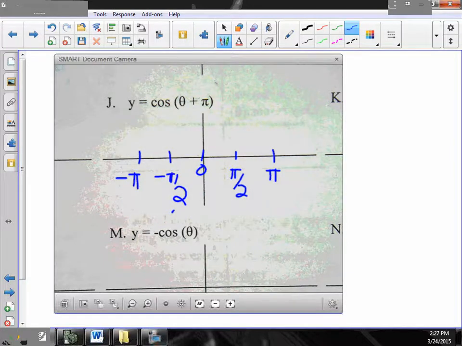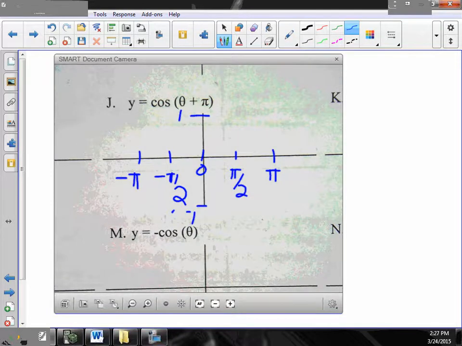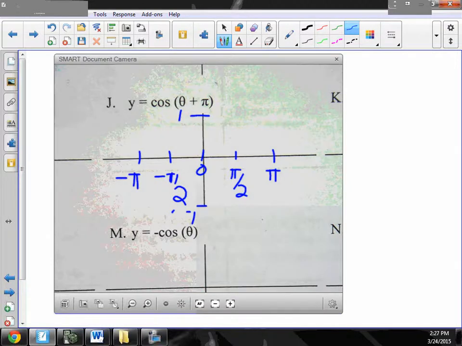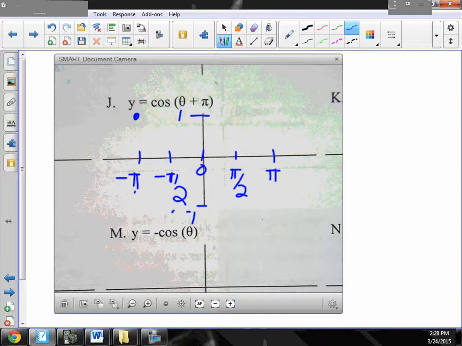So this is a cosine graph, again bounded from 1 to negative 1. Where does the cosine start? At the top, right? Cosine begins at the top. And our first critical point is negative pi, so top, middle, bottom, middle, top.